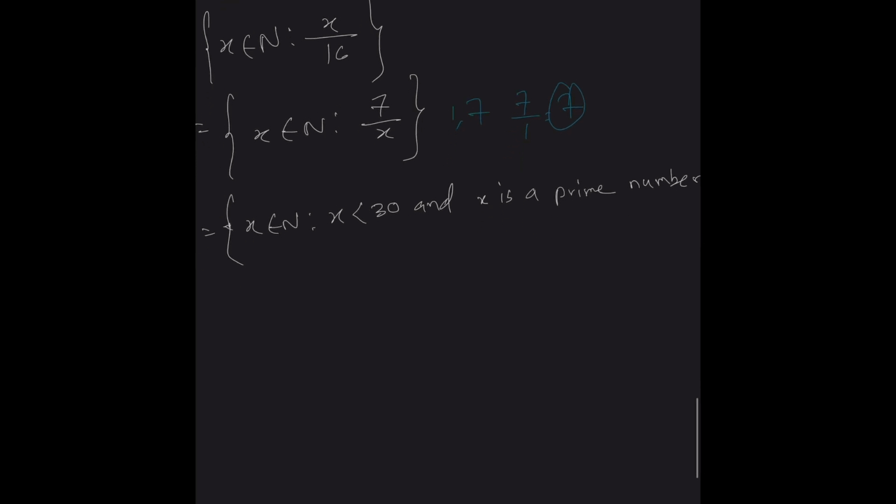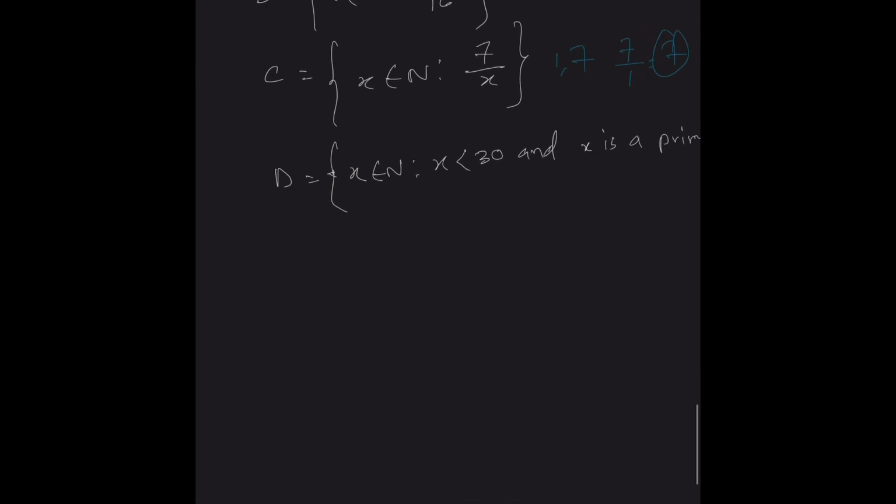It's up to you. Say if you want to define a set, say E, where we want to define a set of numbers where the square of the natural numbers will be greater than 10, the cube of those natural numbers will be less than 100.